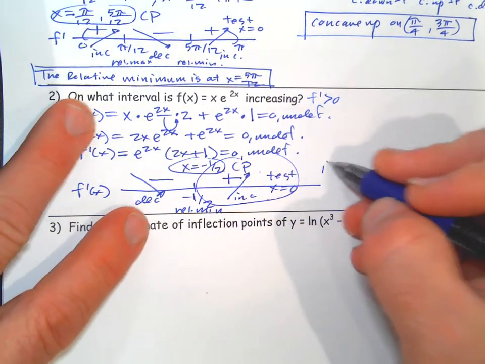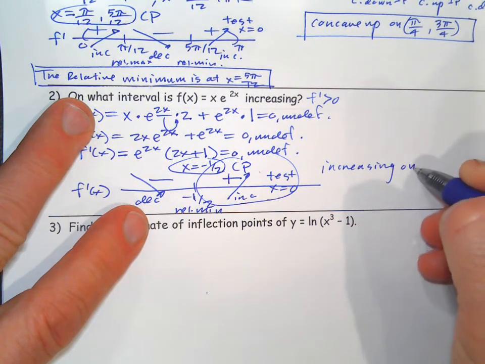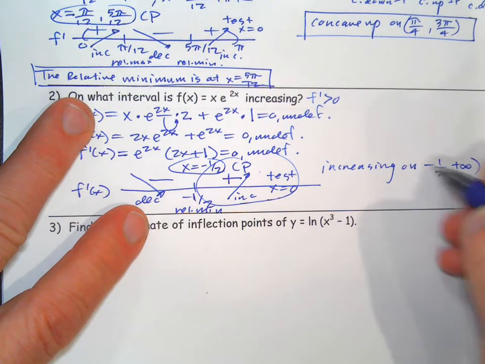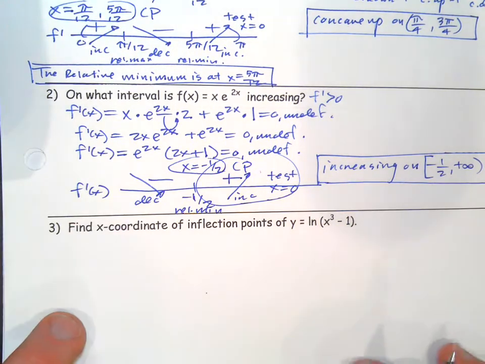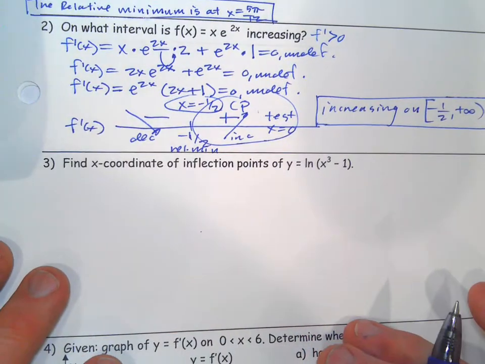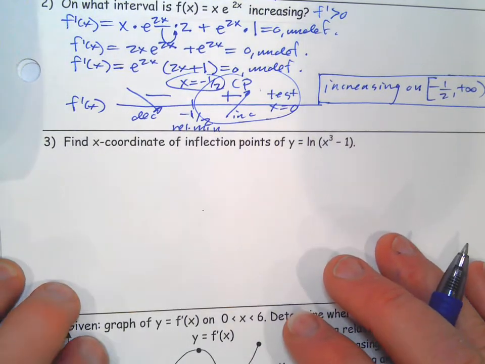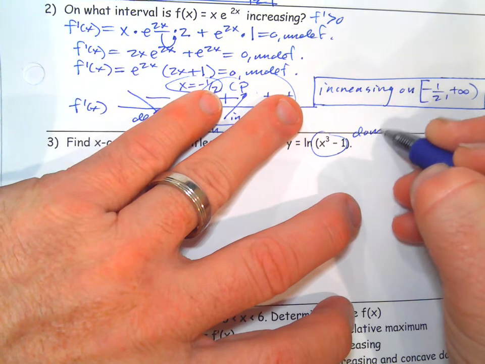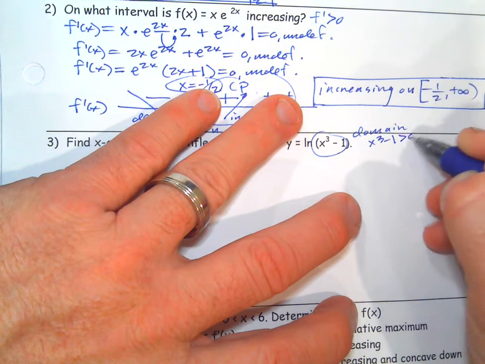So it is increasing on the interval negative 1/2 to positive infinity. Never include infinity. We generally do include the endpoints for increasing and decreasing, unless there's a domain issue, which we should be paying attention to right now. In fact, the very next problem looks like it could have a domain issue, right? Domain: the inside of a log has to be positive.